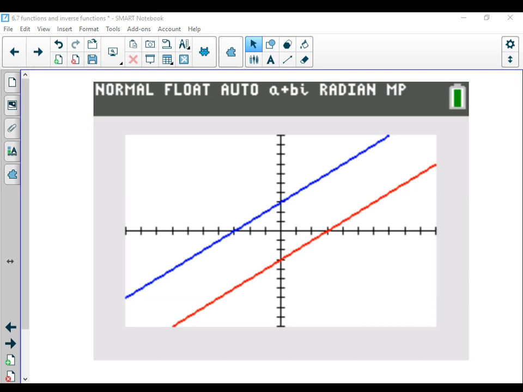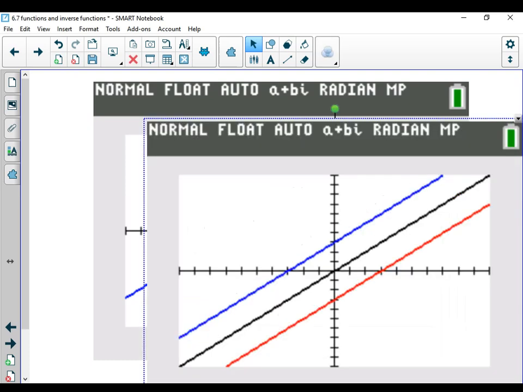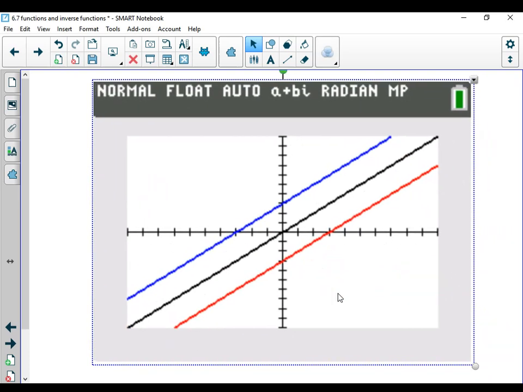So let's look at the same graph, but with y equals x. Same graph, but with y equals x. Your inverse of your function is always going to reflect over y equals x.